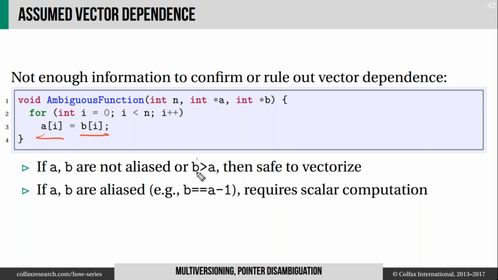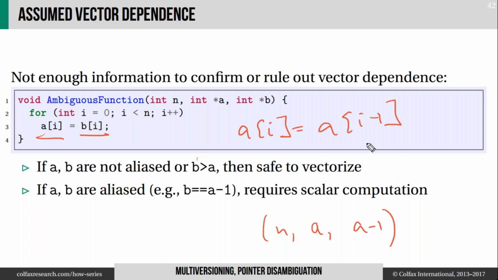But what if somebody smart calls this function with something like A and A minus 1? Then what we're doing here is A of I equals A of I minus 1, and this is vector dependence. In order to compute this correctly, either you do scalar computation or you do 16 scalar iterations and then proceed with memset, basically.